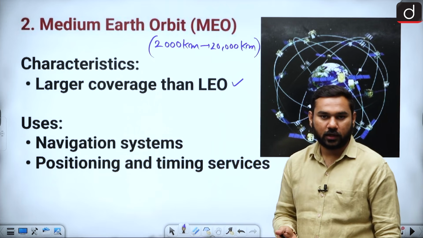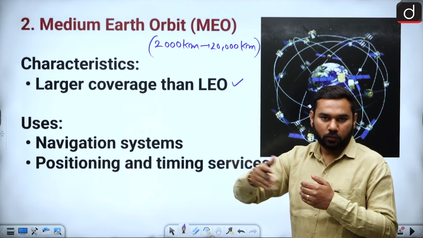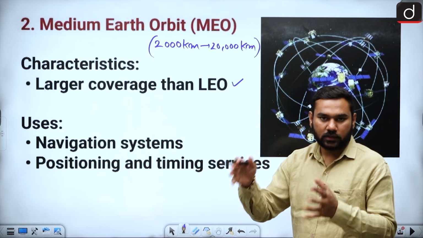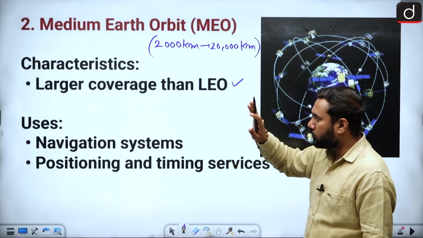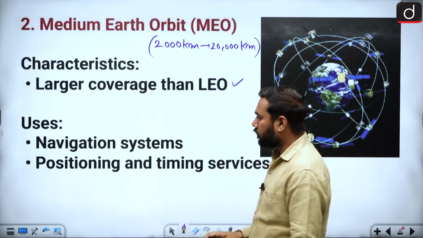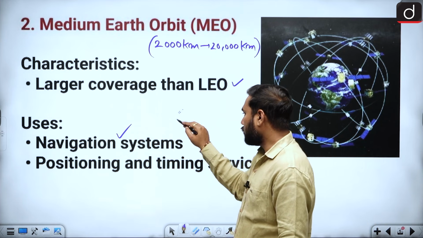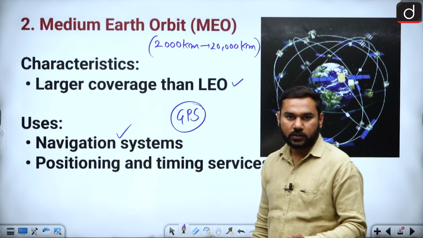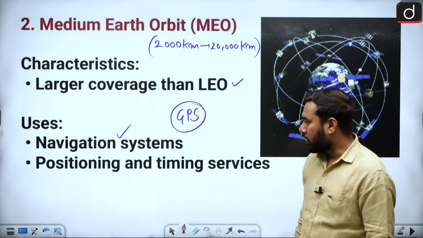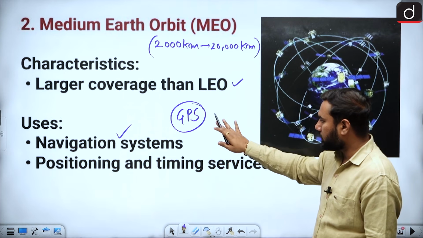Yes, this is a true statement, because as you go higher from the surface of Earth, you can cover more area of Earth. But this area cannot be used maximally because it is used only for the navigation system. As you know, GPS is basically the American navigation system, the Global Positioning System, used for positioning and timing services. So we use the GPS.